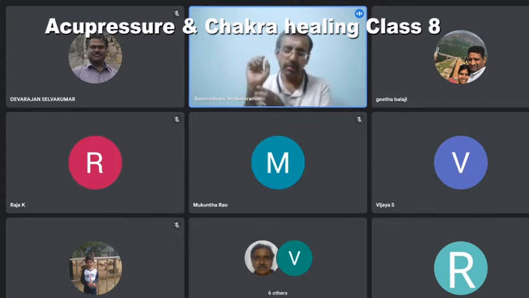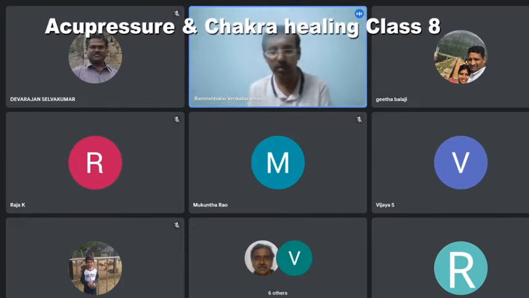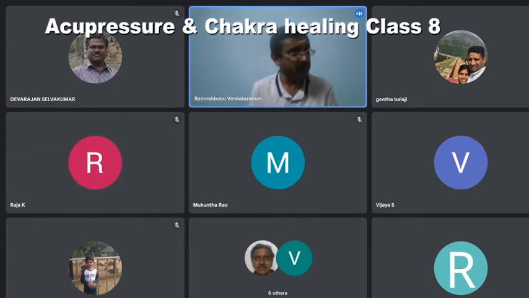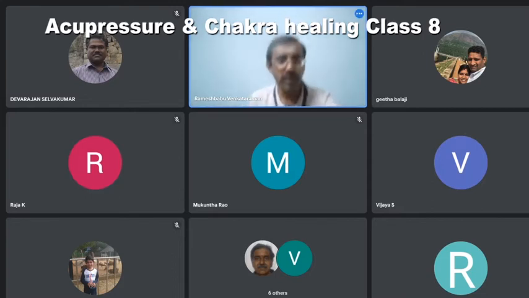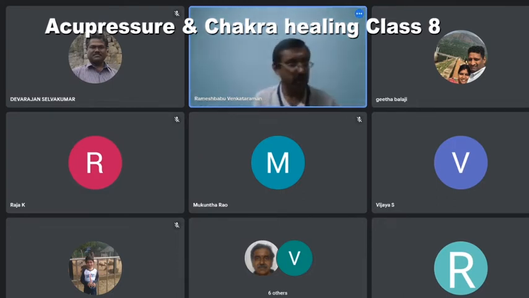Some people have problems there. So if you have such problems in the bone marrow, then GB39 is a very important point. And GB40 is yuan source point, and GB41 is wood point, 43 is water point, and 44 is metal point.